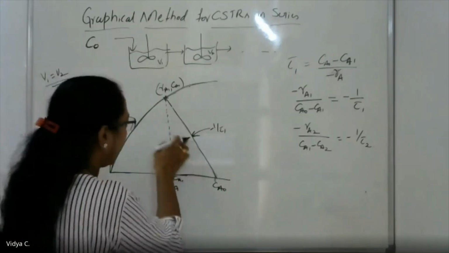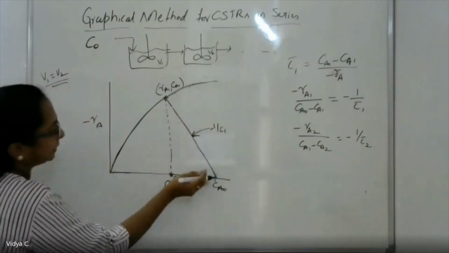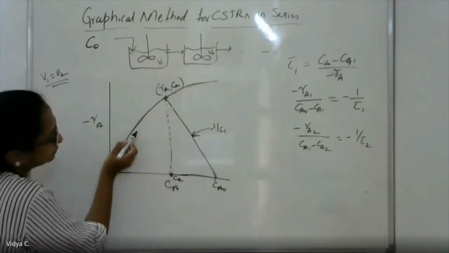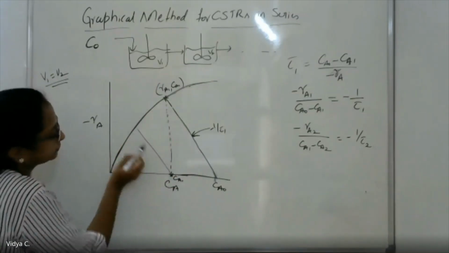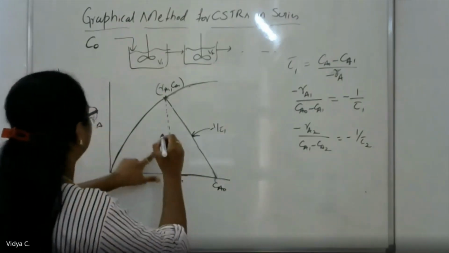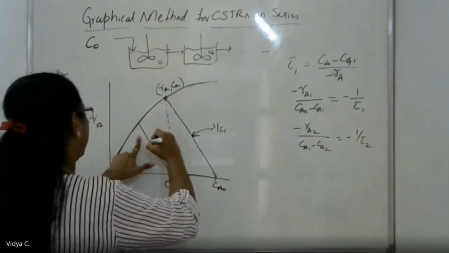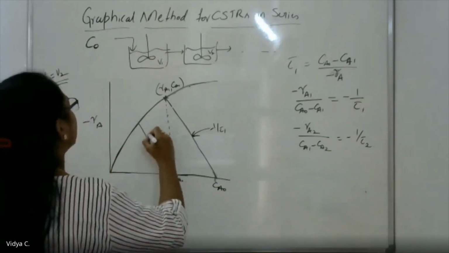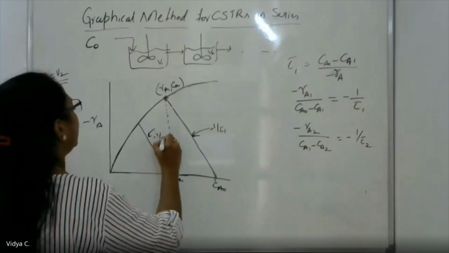It should be parallel if they are of equal size. Okay, so this is minus 1 by tau.